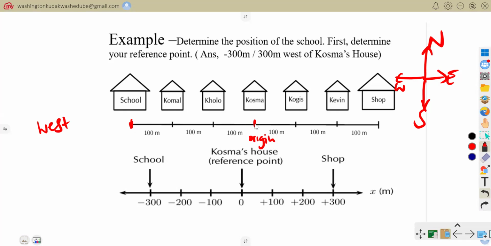But what is the distance between the school and Cosmos house? You would say there is 100 meters plus 100 meters plus another 100 meters. So this makes 300 meters from Cosmos house to the school.